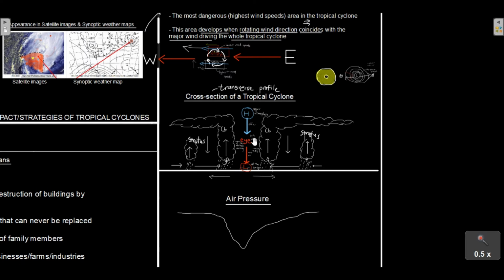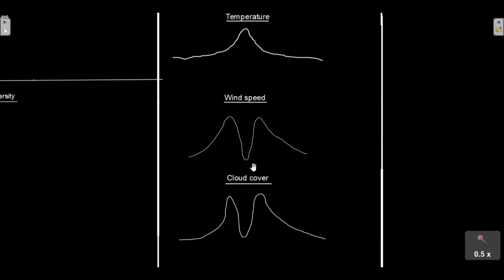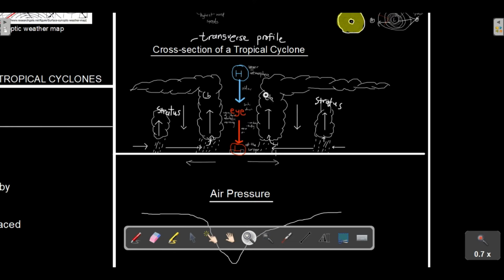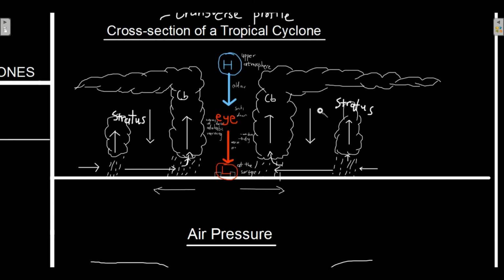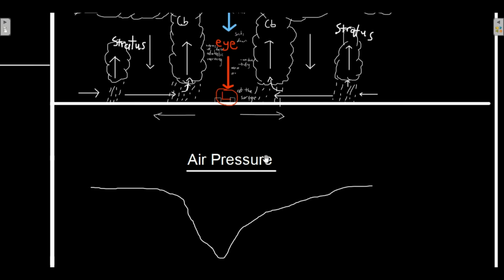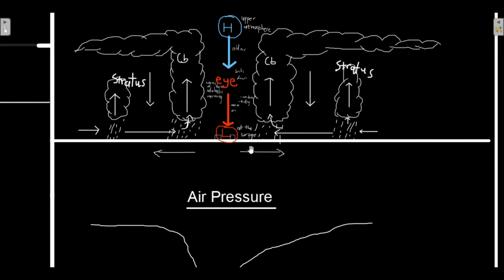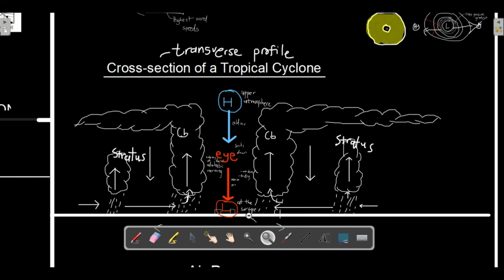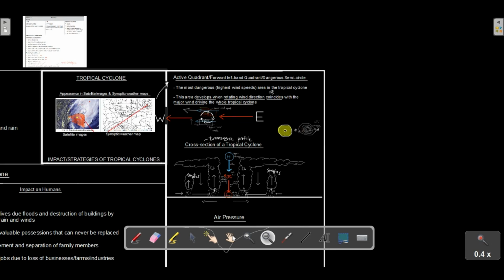How is the air pressure in the eye, and how is it as you move away from the eye in other regions? The temperature, the wind speed, the cloud cover, guys. Right, so that's it for the cross section of a tropical cyclone. This is how you draw it. Weather conditions are usually what they ask on a cross section of a tropical cyclone. So you can't get this wrong, guys. Okay, so that's it. Let's move on.